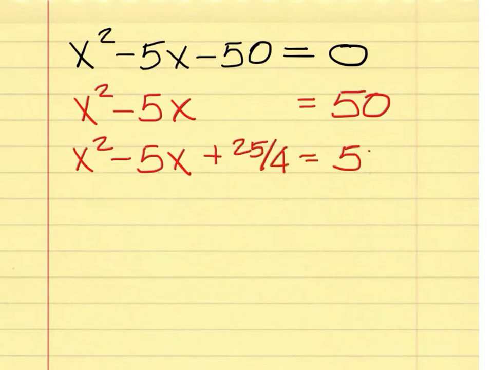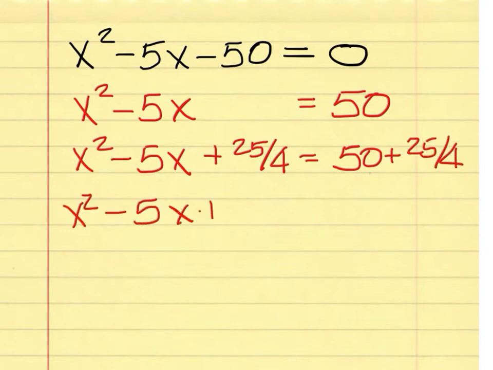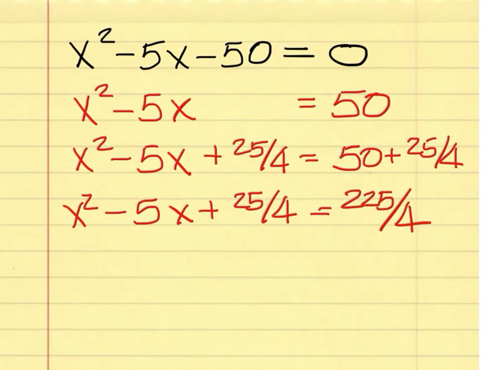And we add that to the right side. Then we have to simplify the right side. We need a common denominator. So if I have a common denominator of 4, I would end up multiplying that 50 by 4 to get 200 and add it to the 25 to get 225 over 4.